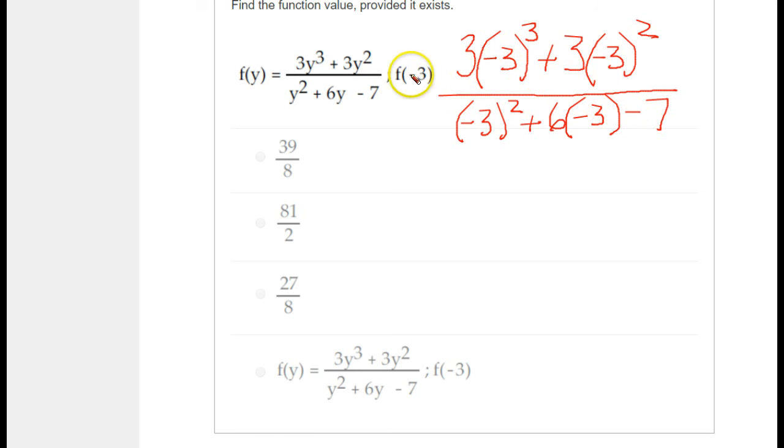So wherever there was a y, we've put in a -3. And then we execute.